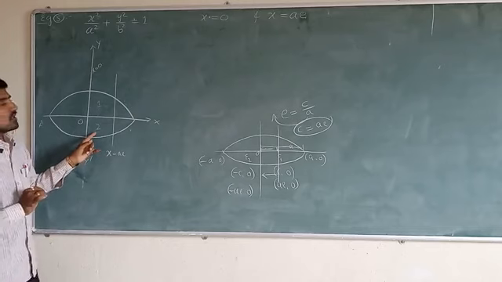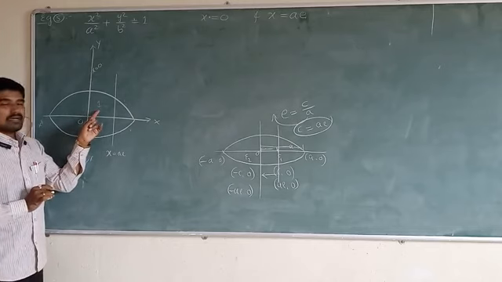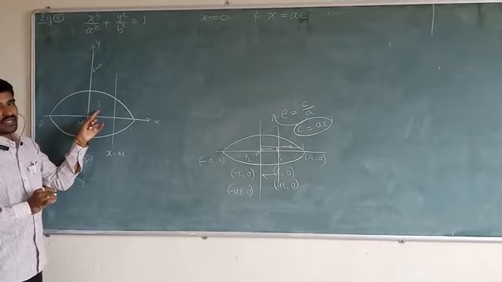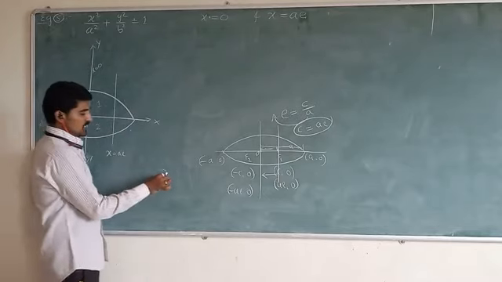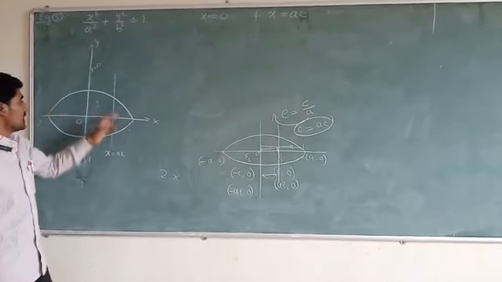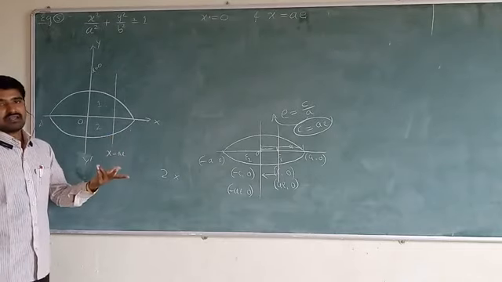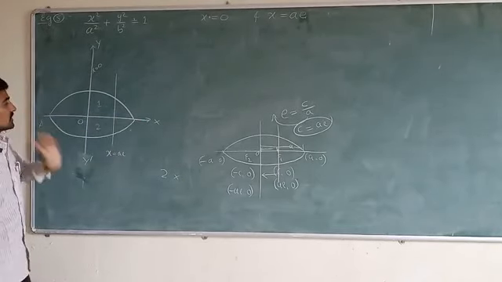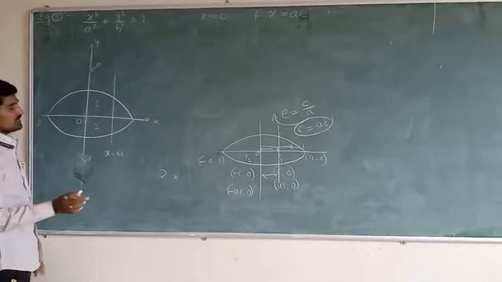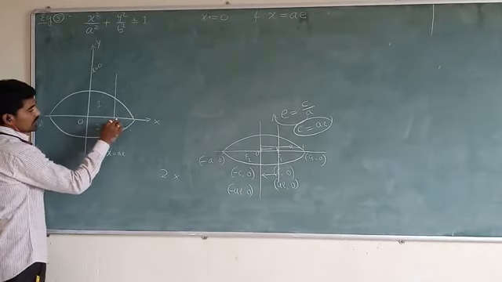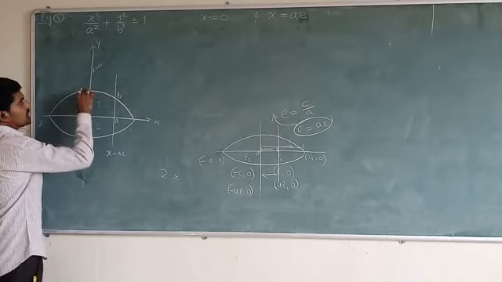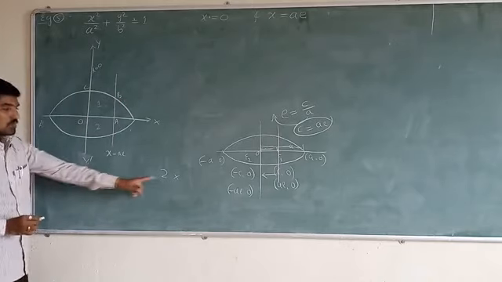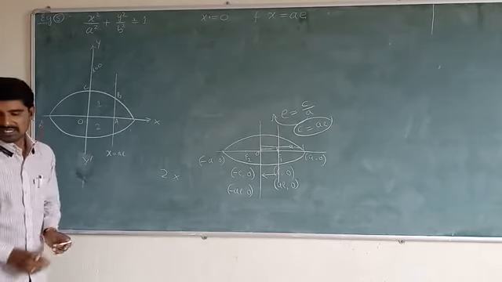We find the area inside the first quadrant and multiply it by 2, because the ellipse is symmetrical about the x-axis and y-axis. So the required area is OABC into 2. I hope all of you understand it.